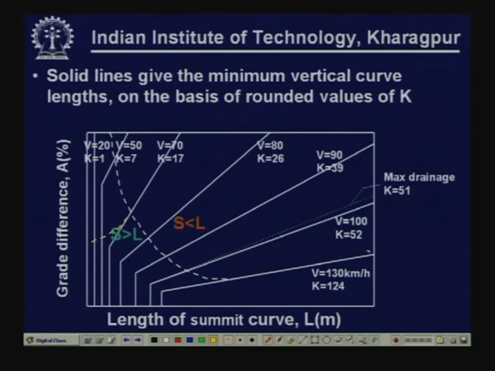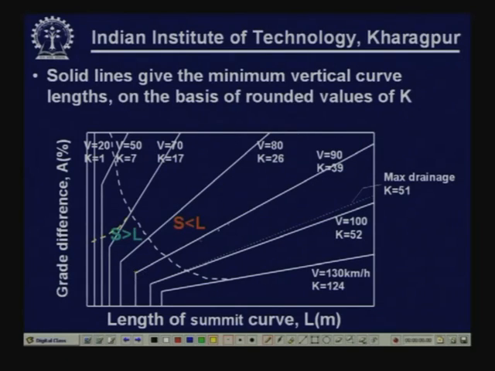Now, this exhibit actually extends the line for S less than L, and it extends it up to that vertical line. That means, these are the limits: draw a vertical line here, and extend this horizontal line wherever it meets.